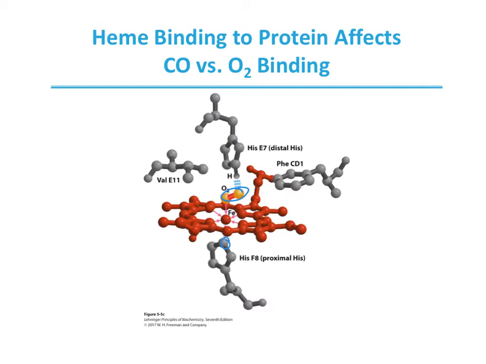And then there's a partial negative charge on the oxygen molecule that actually will then form a hydrogen bond with this distal histidine labeled as E7, which means it's the 7th residue in helix E. And this hydrogen bond stabilizes the complex, and that interaction is not present when carbon monoxide is bound, which leads to the drop in affinity of free heme for carbon monoxide versus the bound heme.